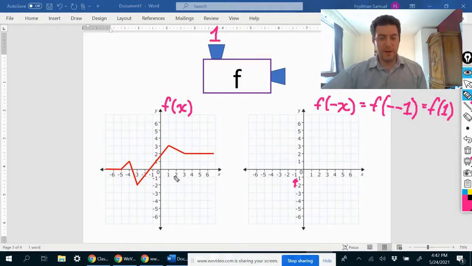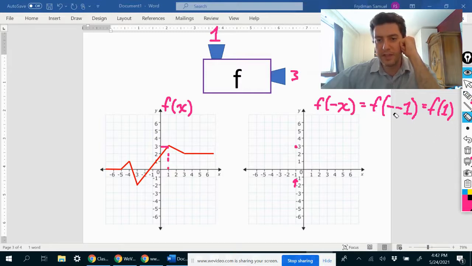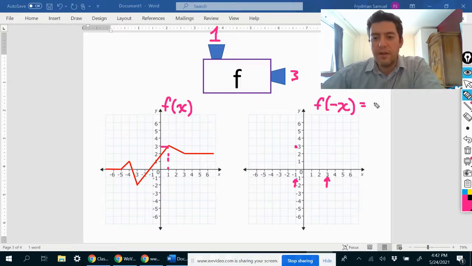And I know from this graph that if I do that, I'm going to get 3 out. Okay, now let's see. What would happen if our x was 3, then this would be the opposite of 3. So we're putting -3 into the function machine.